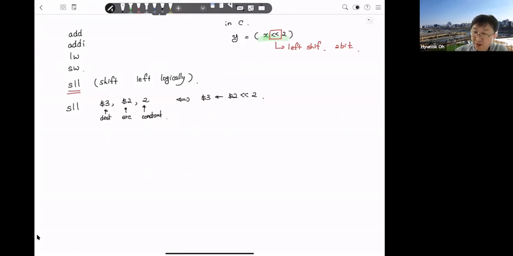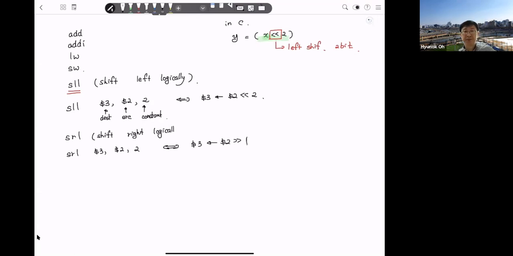Then definitely there is also a shift right logically, which is exactly the same thing in the other direction.